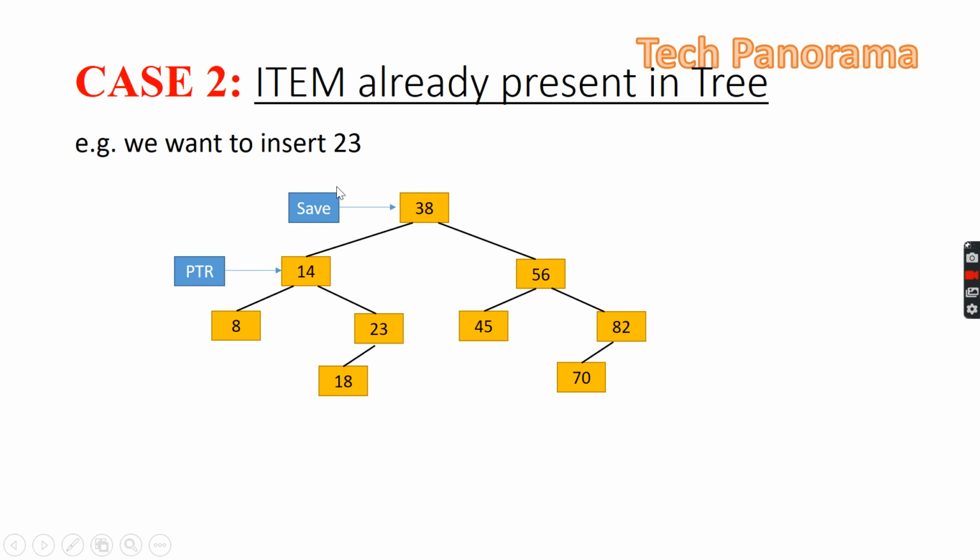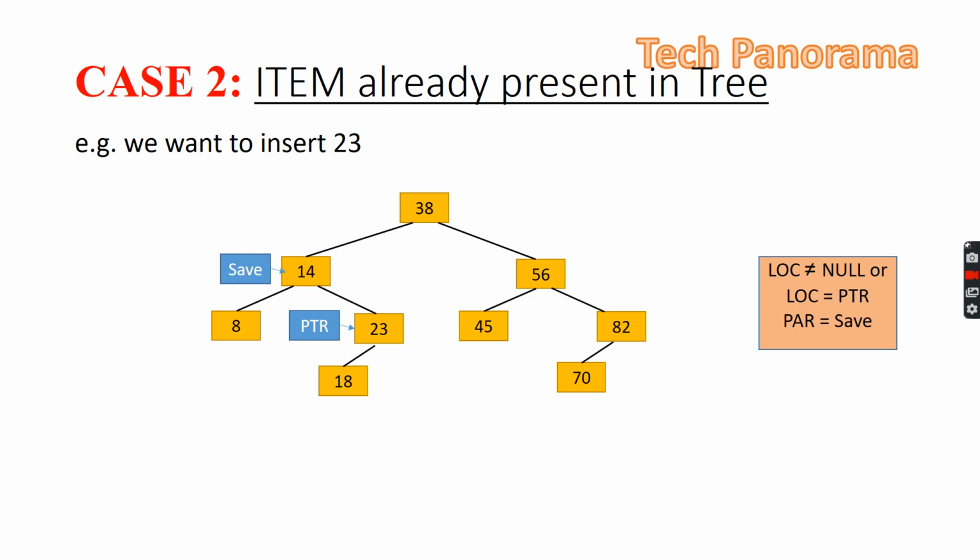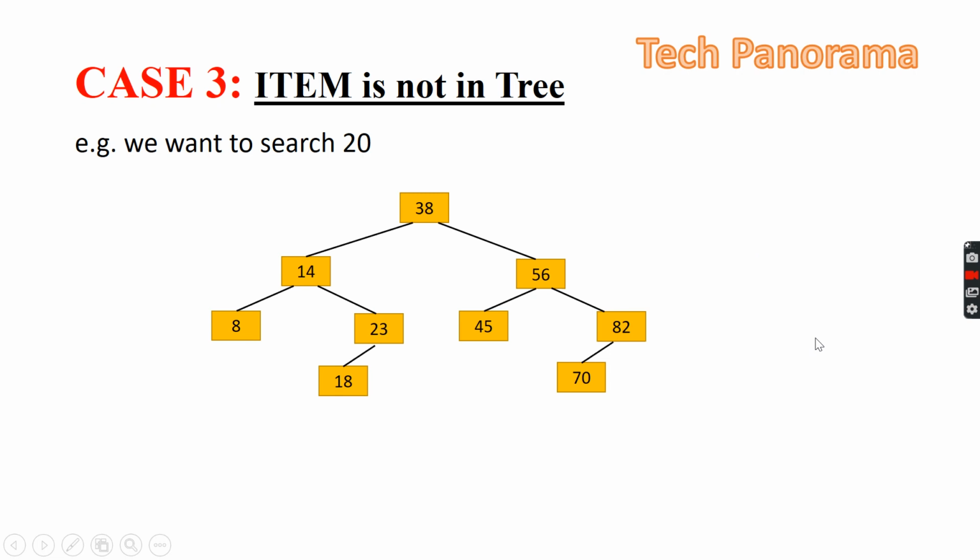As 23 is greater than 14, the pointer will move to the right of 14 and save will move to the next. During the operation, first we move save, then we move PTR. Next, again 23 equals the value at PTR. So the process will stop here and it will return location equal to PTR and parent equal to save.